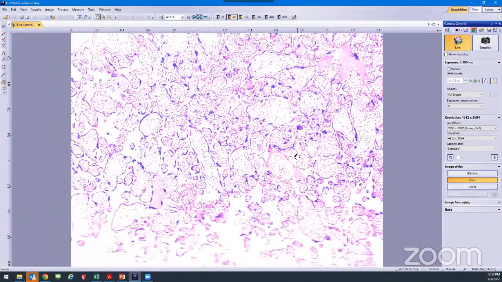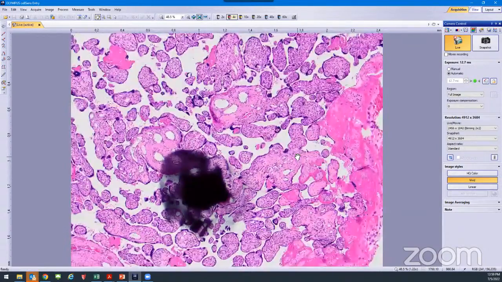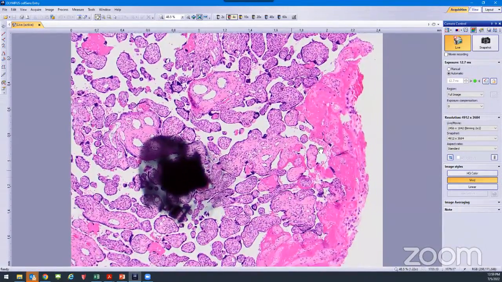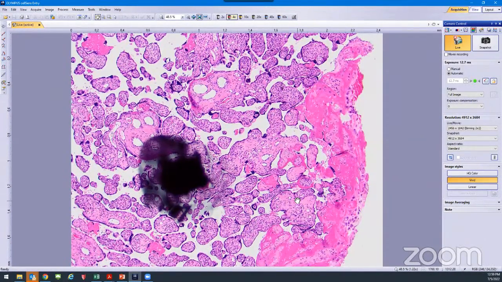In addition, you can see these small foci. See, there's just 3 or 4 villi involved here. Small foci of avascular villi.